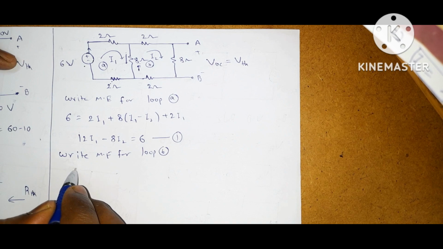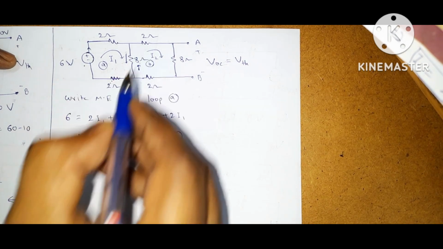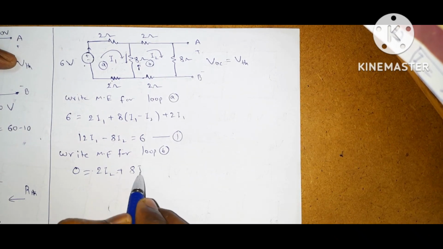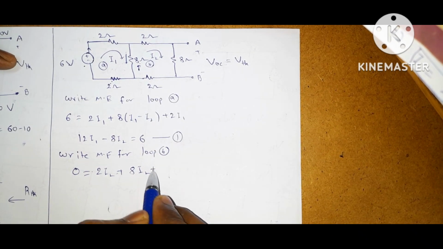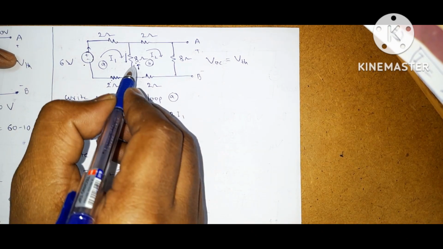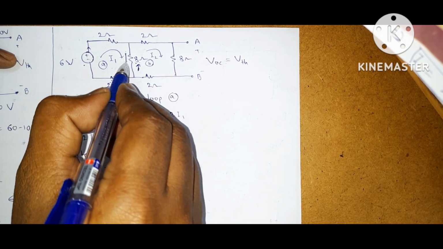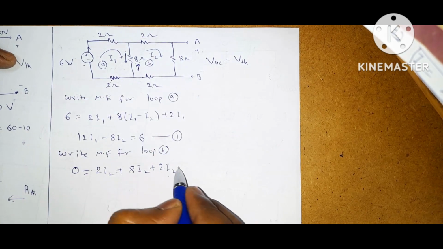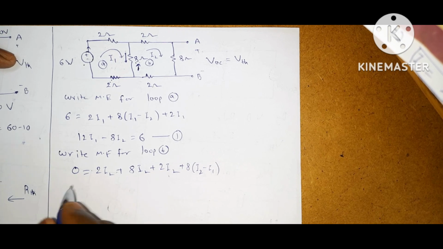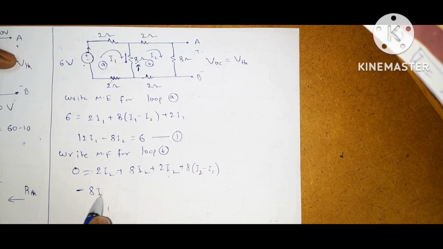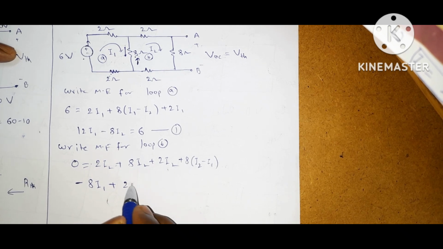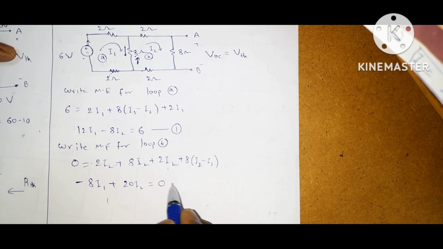So 0 is equal to 2I2 plus 2I2, and for this 8 ohms, which is common, the currents are in opposite directions, so plus 8 into (I2 minus I1), that is minus 8I1 plus 8I2. Altogether 20I2 minus 8I1 is equal to 0.